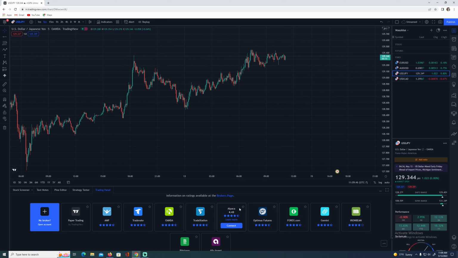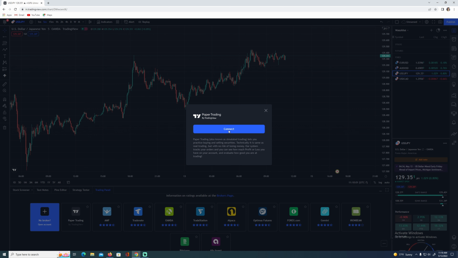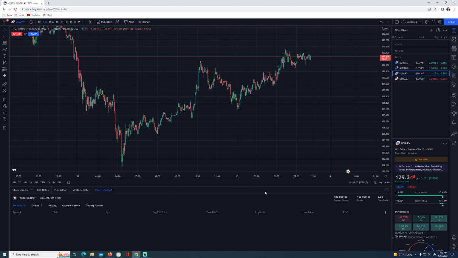But for now, we are going to open a paper trading account. If you go here to where they have the TradingView symbol, it says paper trading. If you click connect, and then it opens this little window, click connect again, and now we just created an account with $100,000.